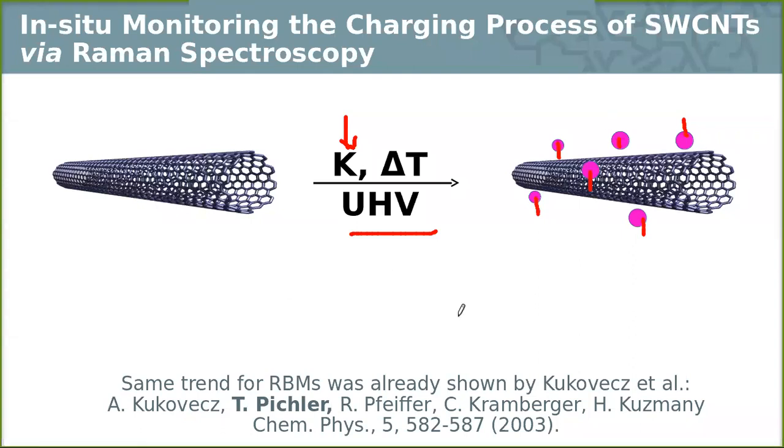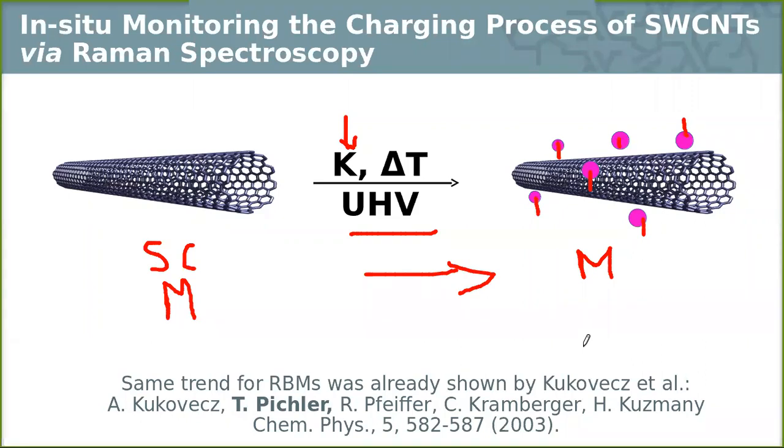This was already done once by Kuzmany, Pichler, Kramberger, and their group in Vienna. They found some interesting things about this effect. They found that when you expose these carbon nanotubes to an alkali metal, if you have a combination of semiconducting and metallic system, a combined sample, then after this process everything becomes metallic.